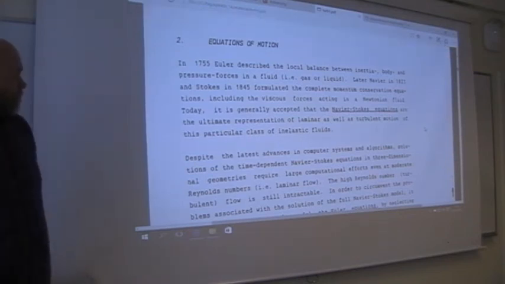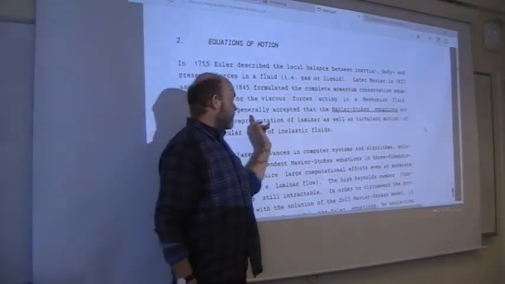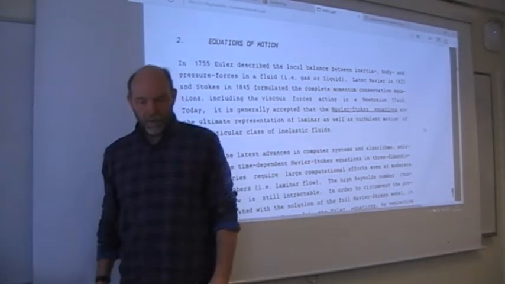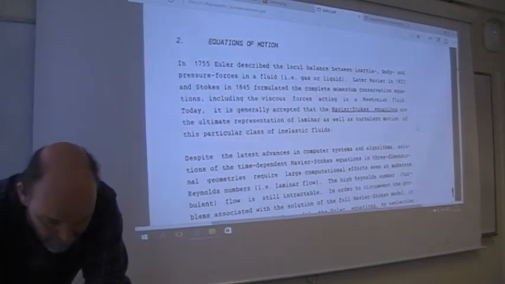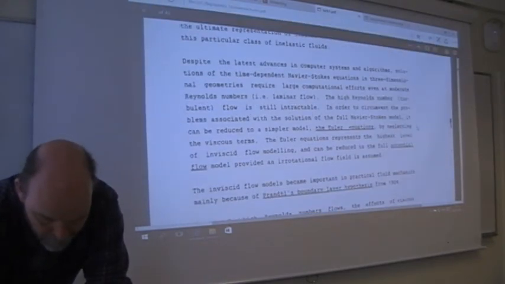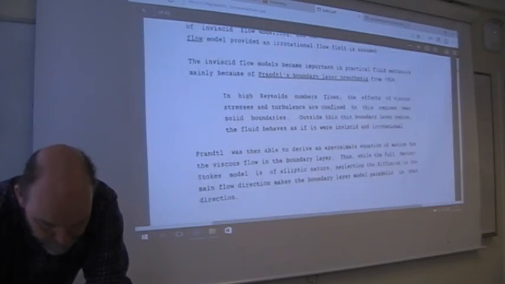The equation of motion. Again, it is generally accepted that Navier-Stokes is capable of describing turbulent flow. So we still believe it. We can't really prove it, but we believe it.